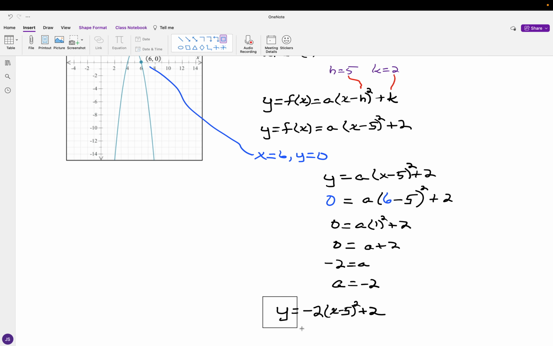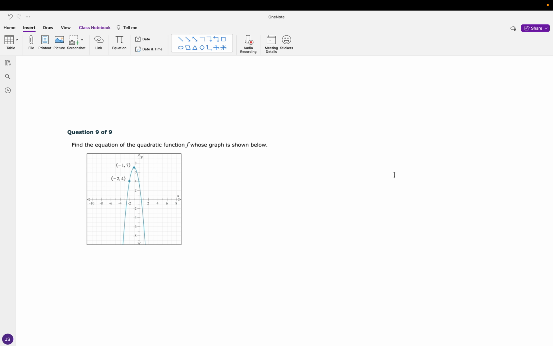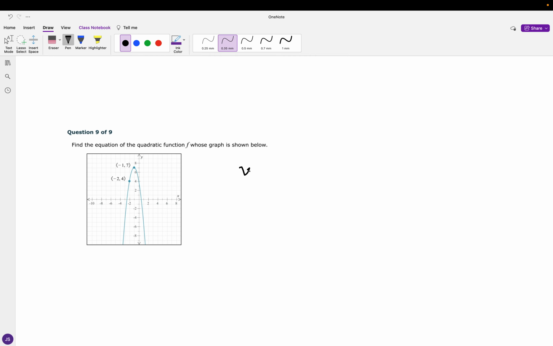Now for number 9, the nature of the problem is similar to number 8. Now we have another quadratic function where the graph is opening downward. The vertex is situated at negative 1, 7. So h is equal to negative 1 and k is equal to 7.